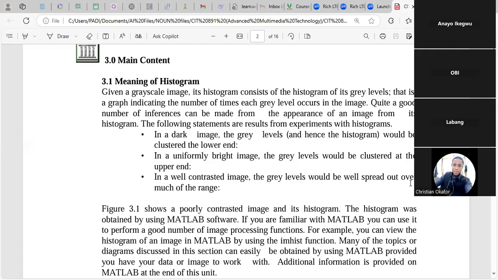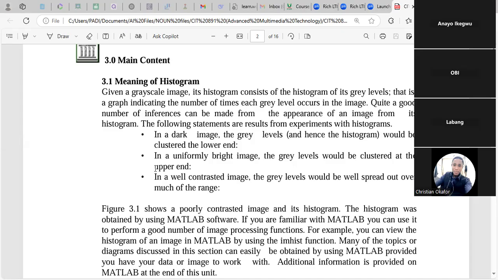And this is one of the approaches: whenever an image is dark, it means that all of the grey levels have been moved down, lowered. That image becomes dark. But whenever it is pushed up, an upward trend, then that image becomes what?